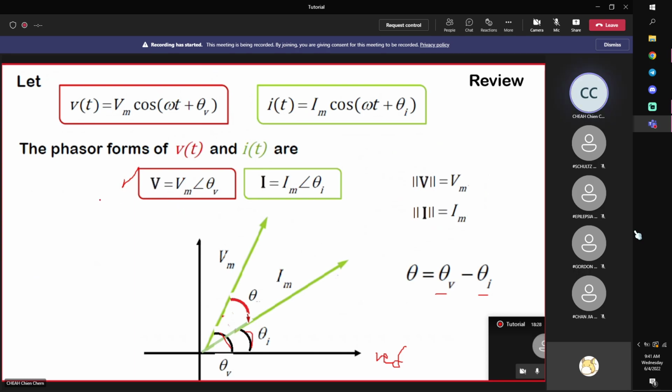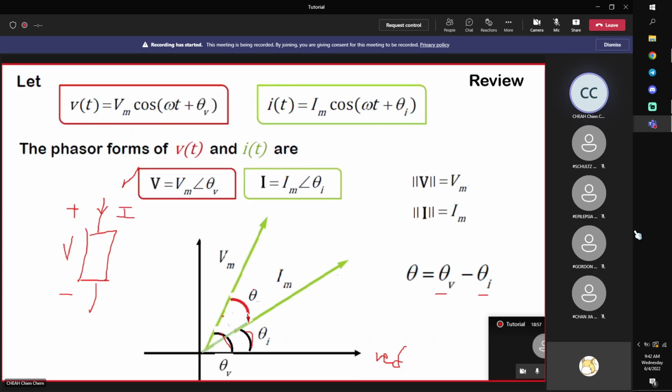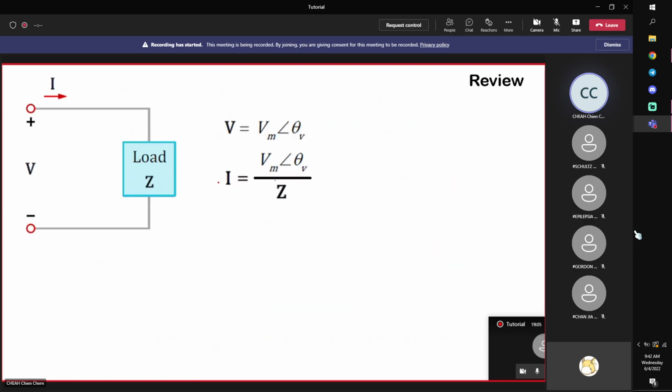If you have a certain load and you're interested in its power, you need to find two things: what is the voltage across this load, and what is the current flowing through this load? After that, you get these two signals. Then you extract the modulus of your voltage and current from the phasor representations. You also take the phase difference between the voltage and current by subtracting the two. After that, we can use them to calculate the average power.